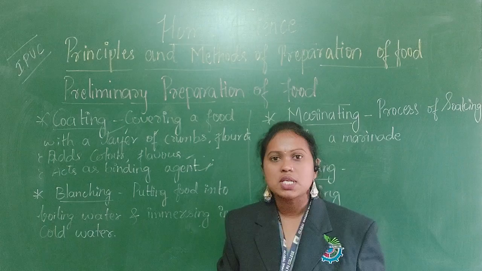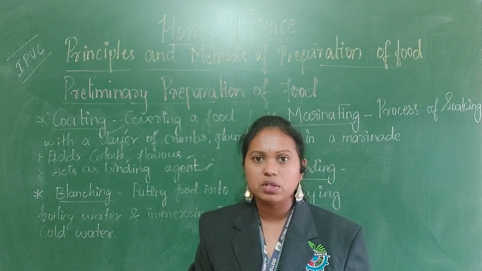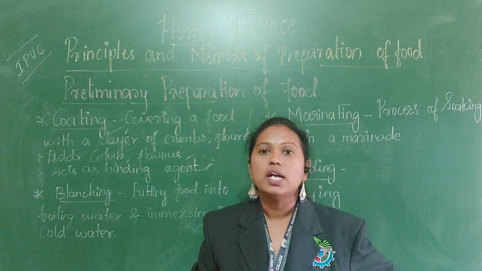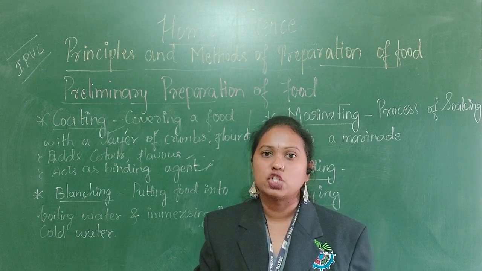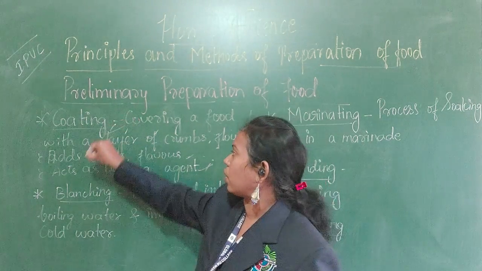Coating is a process that consists of applying a liquid or a powder onto the surface of an edible product to convey new properties. Some examples are chocolate coat, nuggets, etc. So what do you mean by coating?